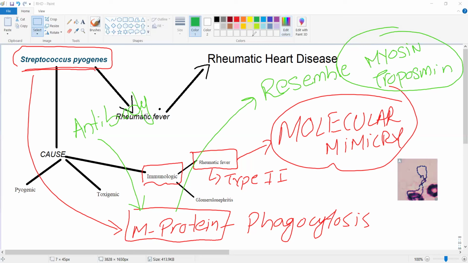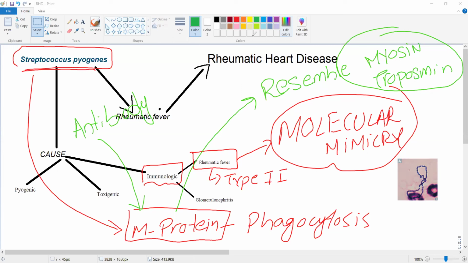This is known as molecular mimicry because the M protein resembles our cardiac cells, mainly myosin and tropomyosin. So the antibody not only destroys the M protein of the bacteria but also the myosin and tropomyosin of the cardiac cells, and in this way it leads to rheumatic heart disease.